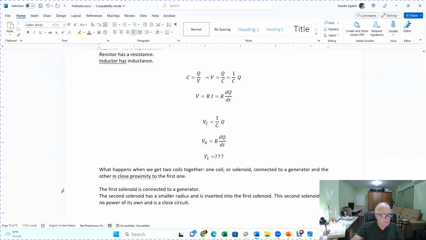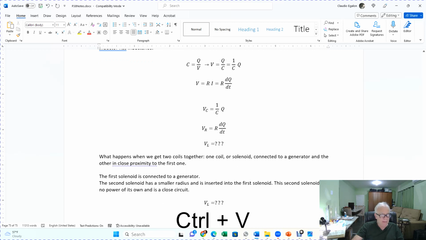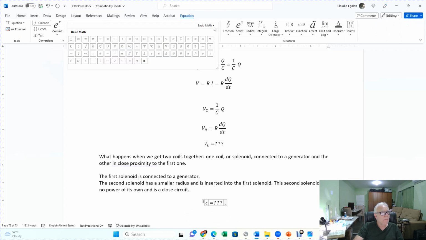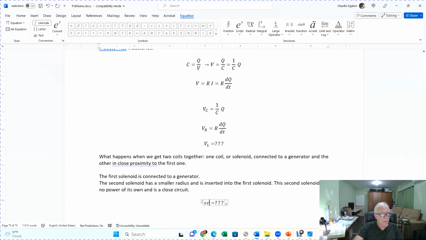And the first solenoid has an electromotive force that can be expressed like the following.